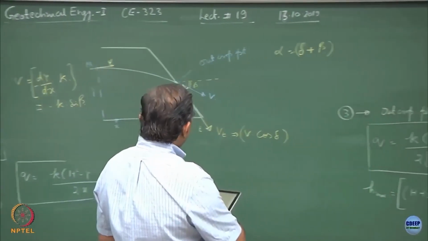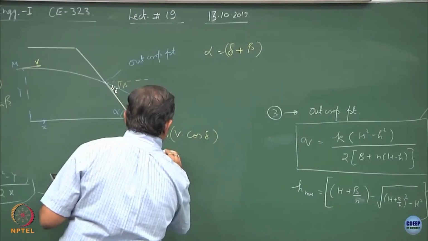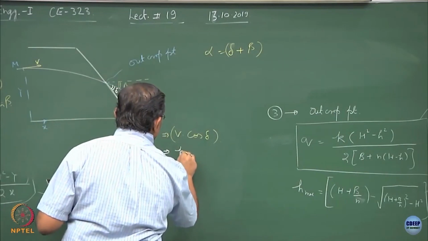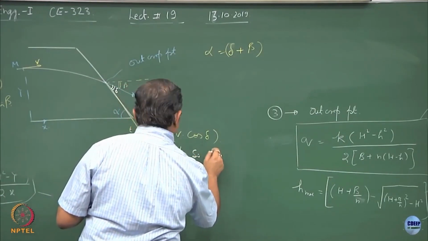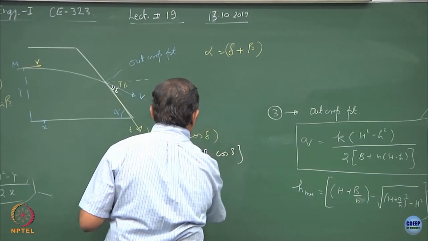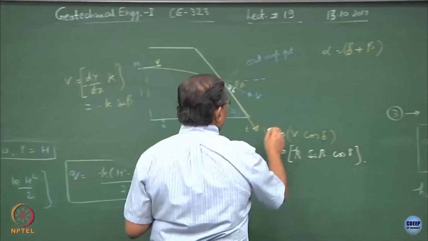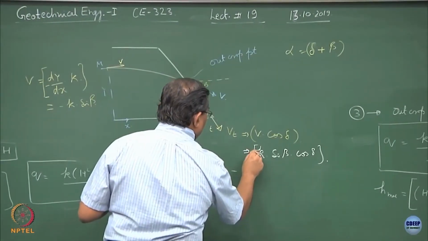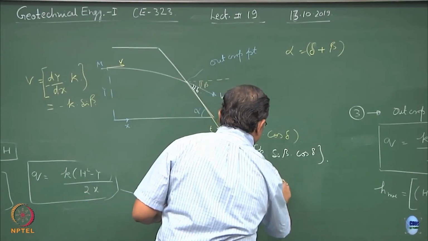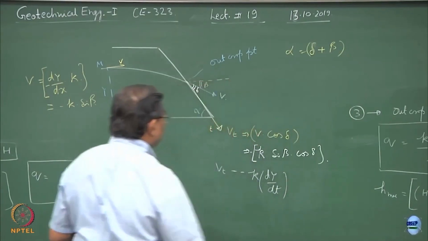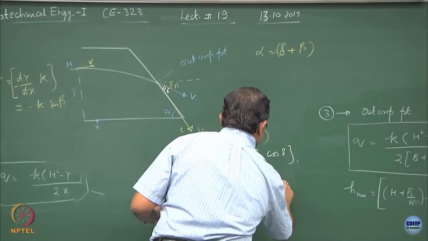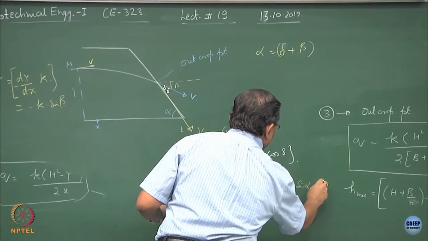Now what we will do is, having done this, I will substitute the value of this v which I have obtained from here. So this becomes v sin of beta into cos of delta. I can also obtain a term here Vt as minus k into dy by dt, and this will be equal to minus k into sin alpha.